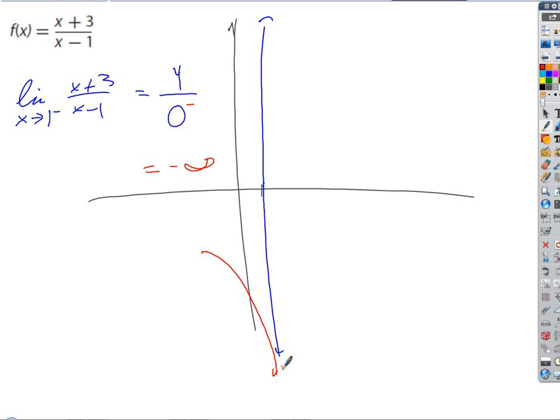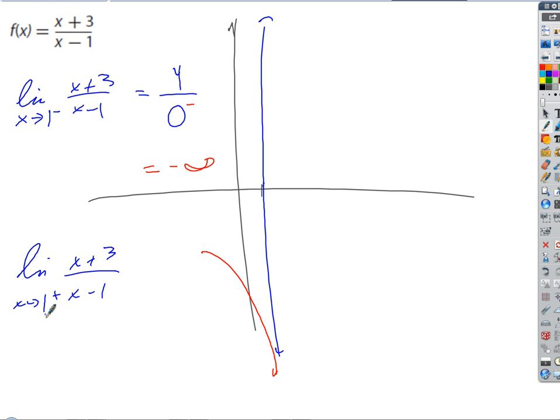Well, let's do the same thing as we approach 1 from the right. If I approach 1 from the right, so I'm approaching from numbers greater than 1, I'm backing down to 1.